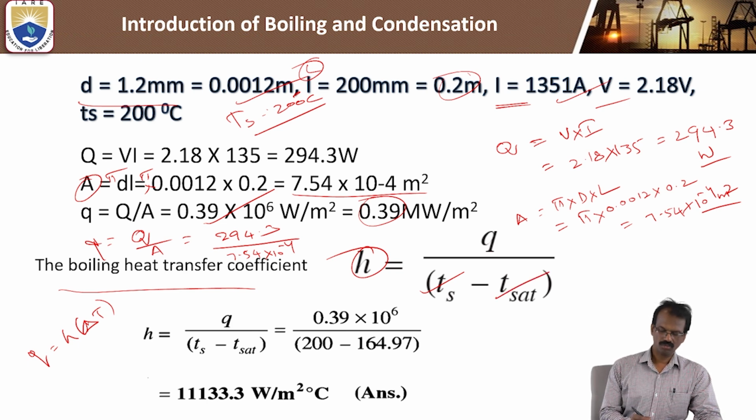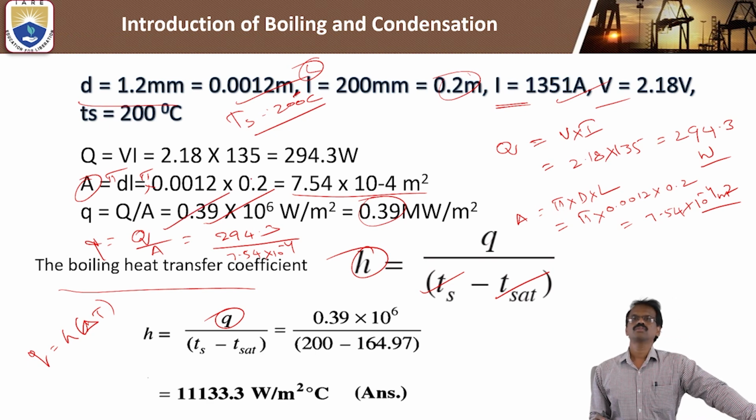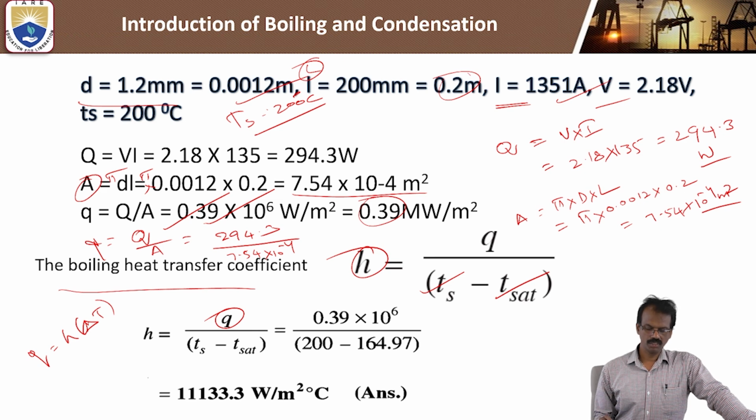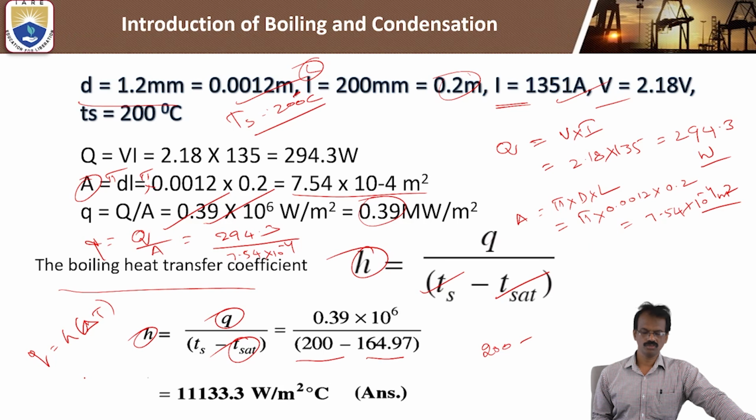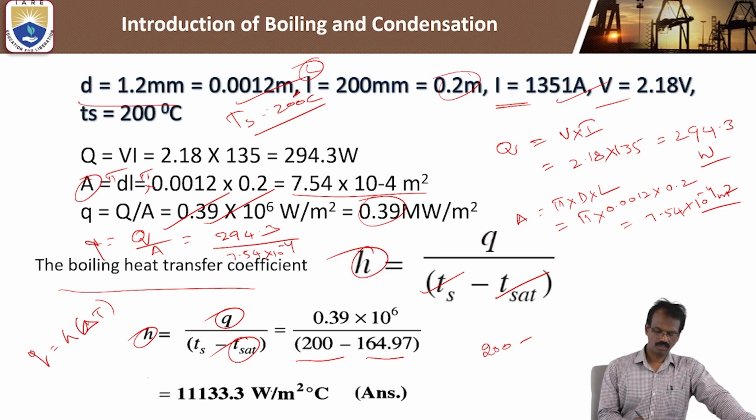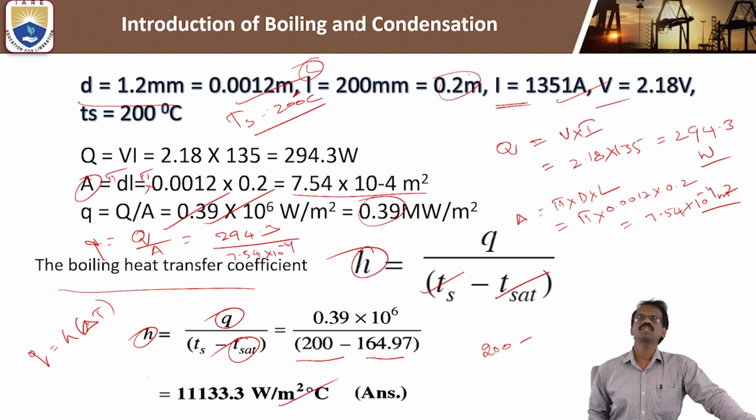We already solved Q, we got that value 0.39 into 10 to the power of 6, divided by Ts, the surface temperature, that is 200, minus T saturation, also given, that is 164.97. Then the value of heat transfer coefficient H is equal to 1133.3 watt per meter square.